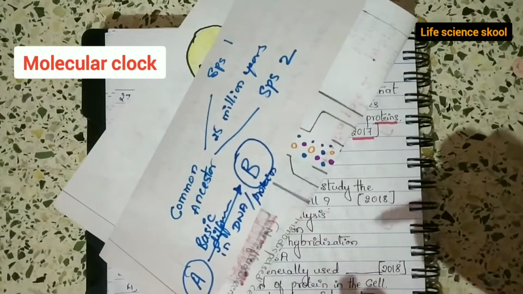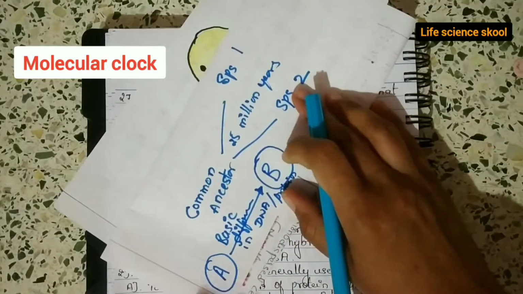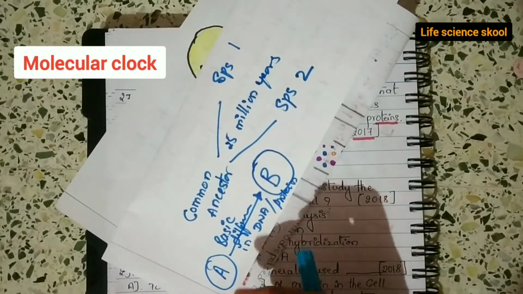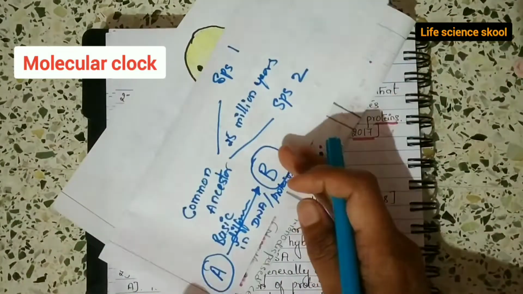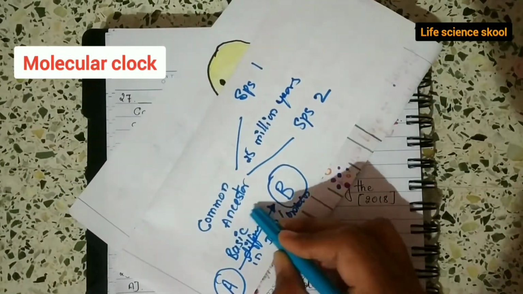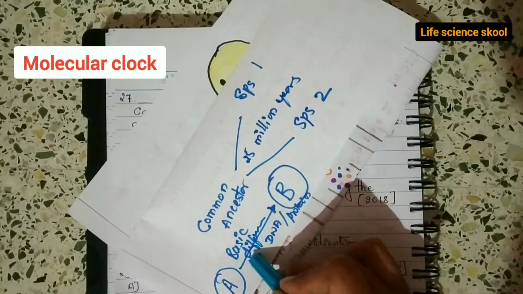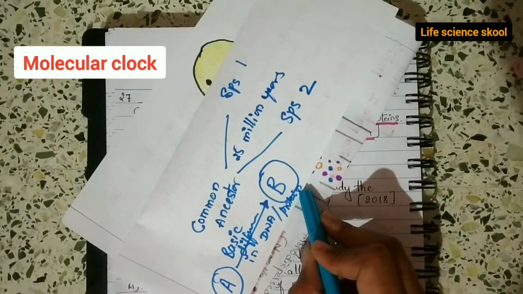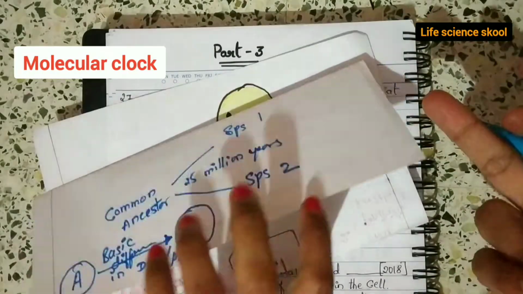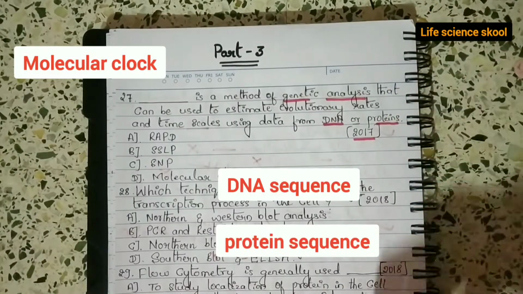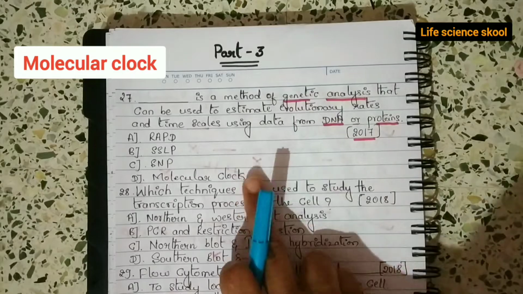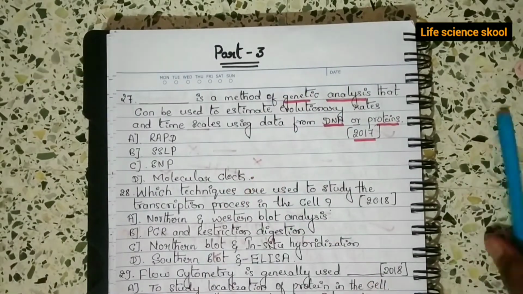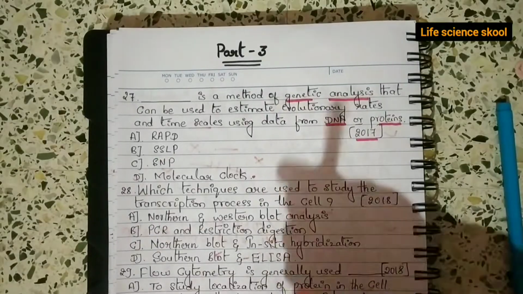So scientists estimate how much time A and B took to diverge, and that can be calculated using the difference in the DNA or in the proteins, that is by protein sequence or by DNA sequence. That is the definition of the molecular clock, as in the question itself. So the correct answer here is option D.